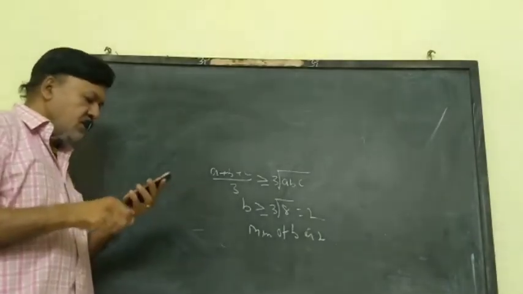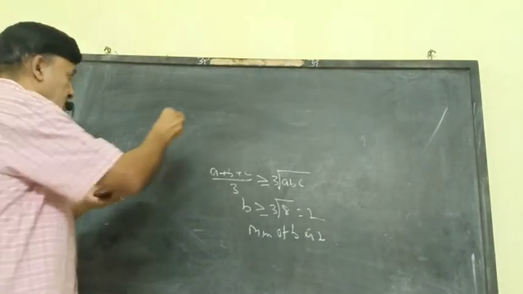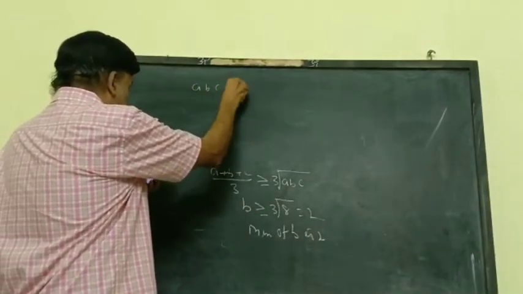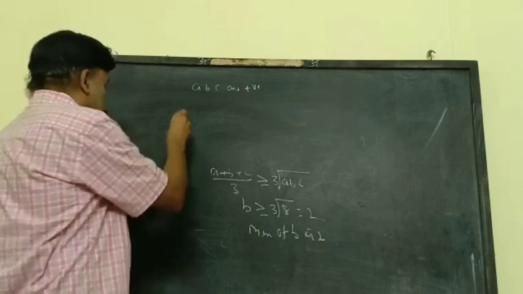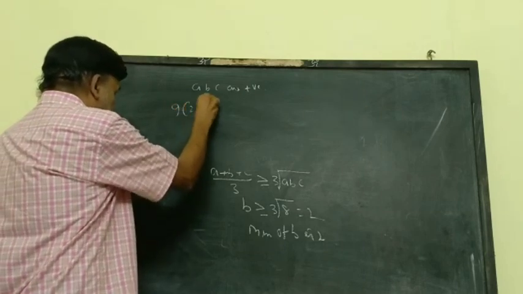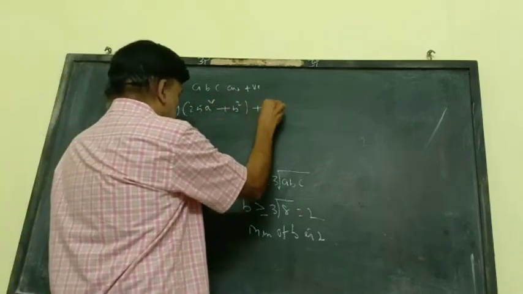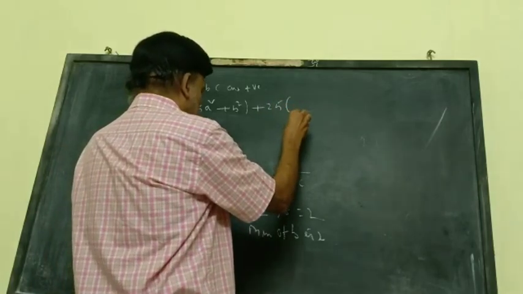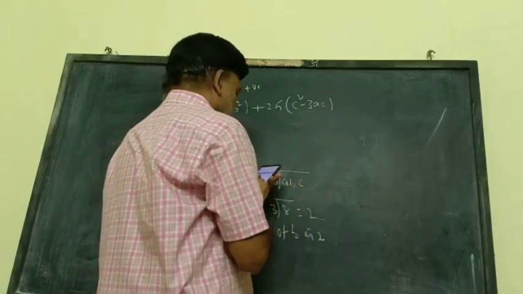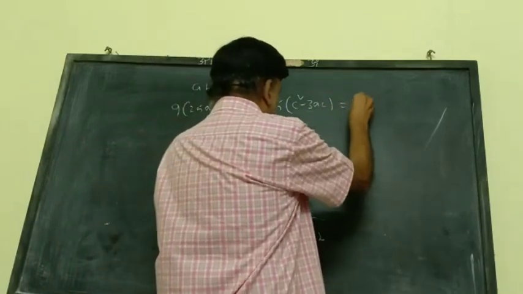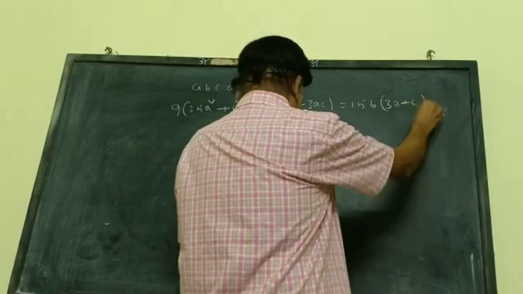The next question is: A, B, C are positive and 9 into (25A square plus B square) plus 25 into (C square minus 3AC) is equal to 15B into (3A plus C).